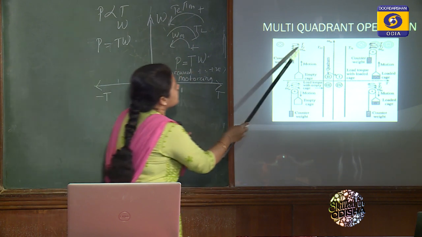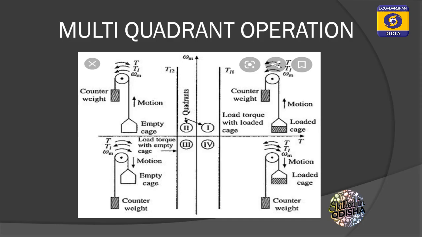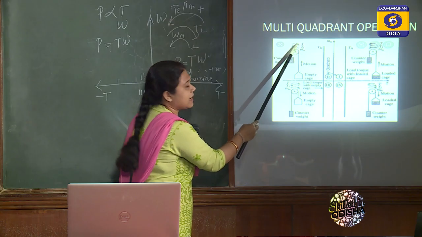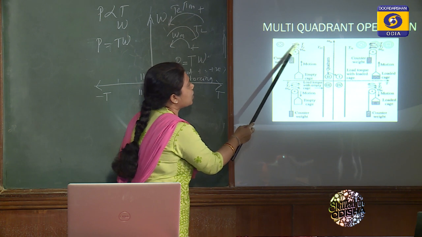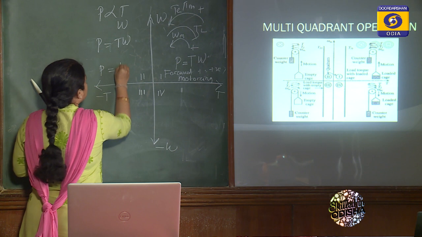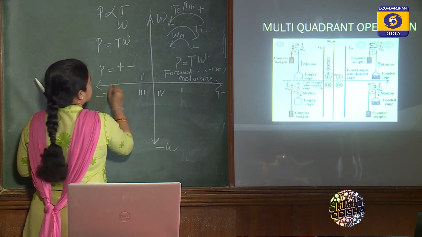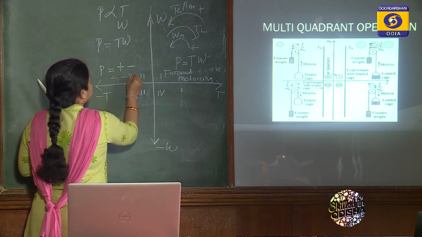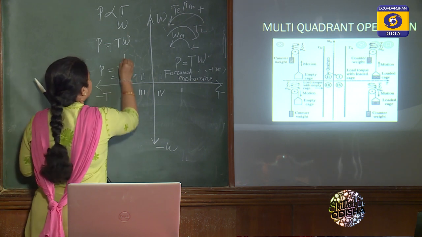You can see this one is our omega m direction and this one is our Tm or Te direction. They are in opposite directions: one is clockwise and one is anticlockwise. So here power will be plus into minus, which is negative. Negative means this one is braking mode.